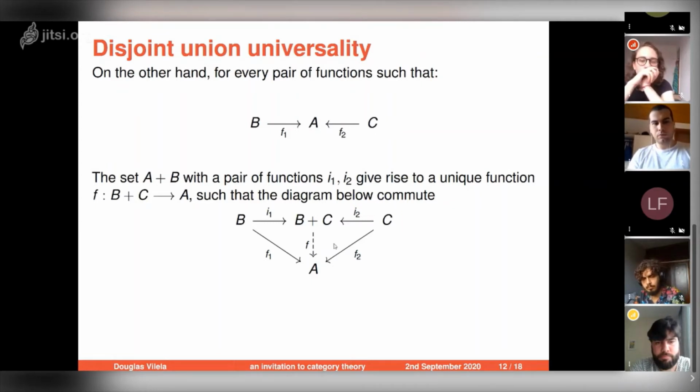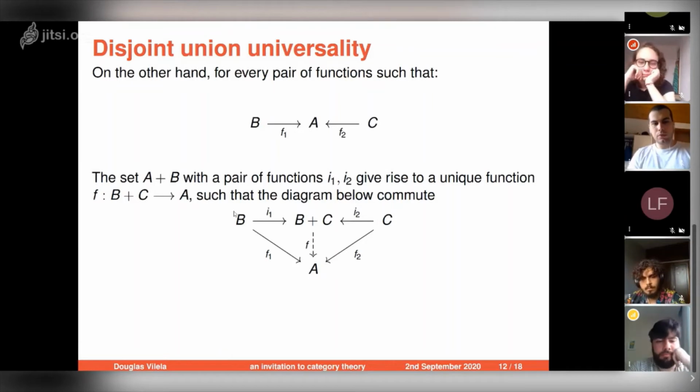this commutative diagram. So with the same idea, we have a set B and a function that goes from B to A like this, and we have a set C and a function that goes from C to A like this, F2. And we can construct from the sets C and B a disjoint union, B plus C in the notation, the disjoint union of B and C, and we can construct with that two injections.